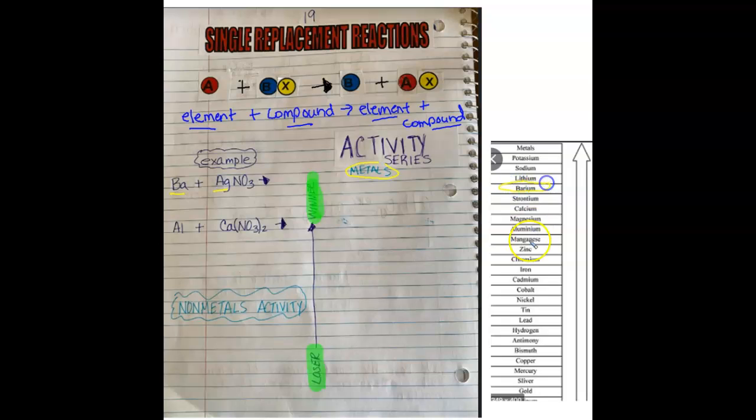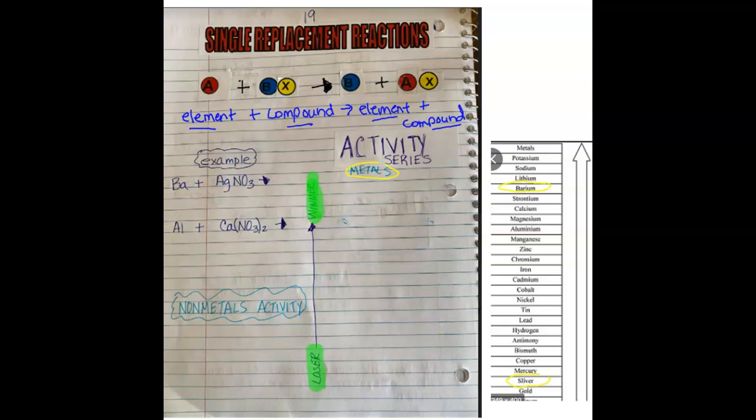Well, here's barium. And where is silver? Here's silver. And so my question becomes, in this case, is barium greater than silver? If it is, then this reaction will take place. If it is not, then the reaction will not take place. And so in this case, barium is higher, it's up more in the winner bracket, than the silver. And so this reaction will take place.